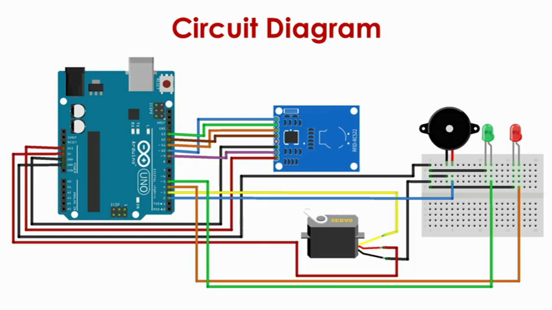Then we are going to make connections between the breadboard and the Arduino board, including the LEDs, buzzer, and the servo motor. And as you know, we are also going to upload the Arduino code into the Arduino Uno board using the Arduino IDE. The details of the code are given in the later part of this session. So this is the circuit diagram. You can always pause and refer to it.